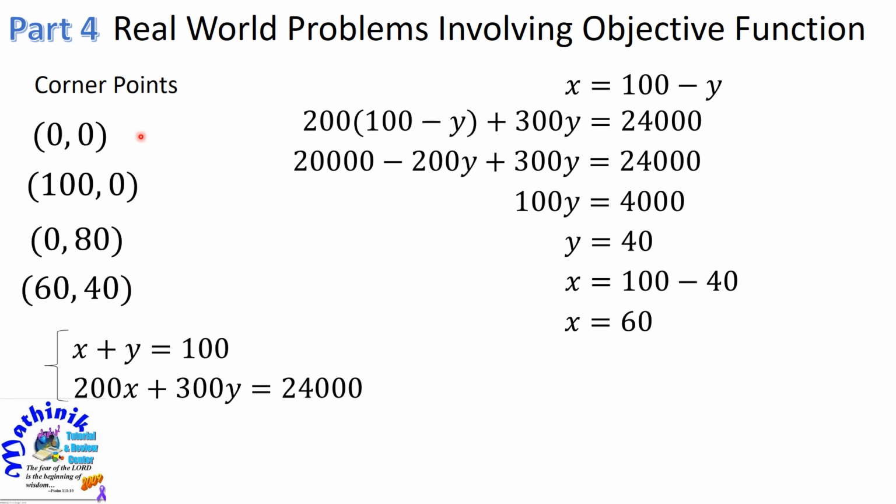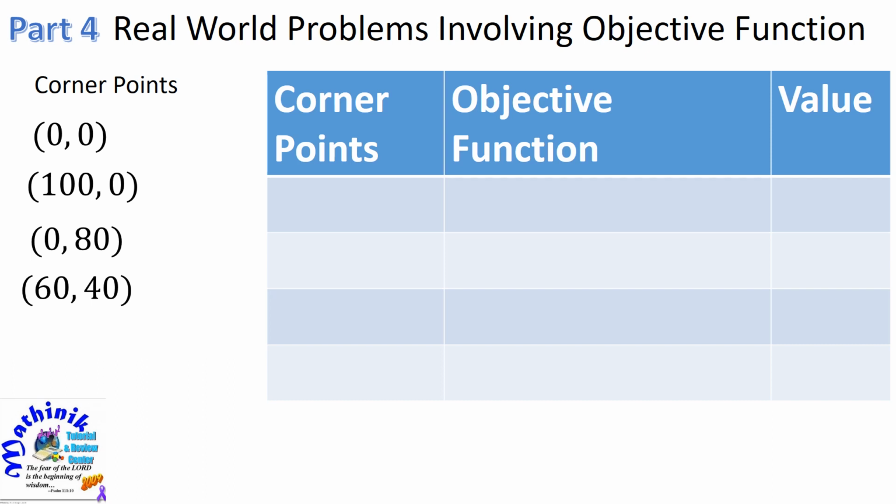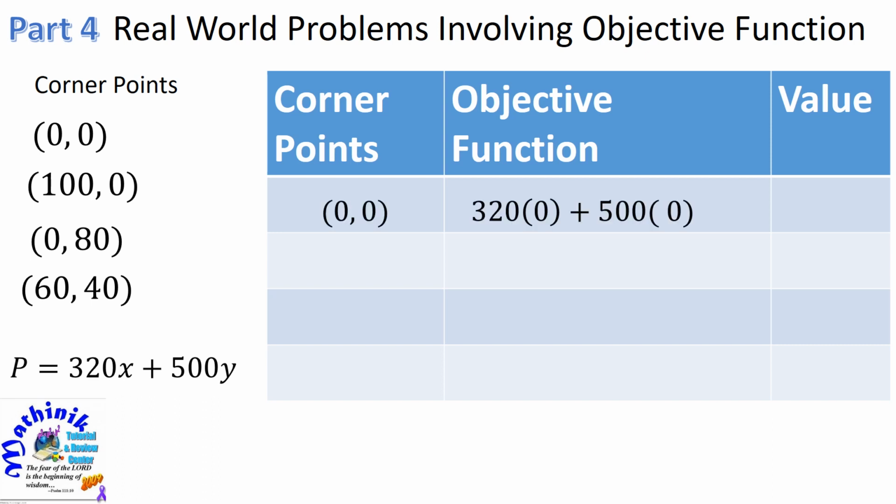Now that we already have all the corner points in our feasible region, let us go back to our objective function and substitute the coordinates of these corner points in order to get its value. Let us start with the first one, (0, 0). If we substitute this, we have 320 times 0 plus 500 times 0.